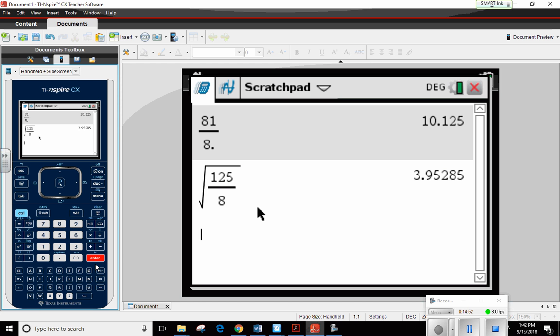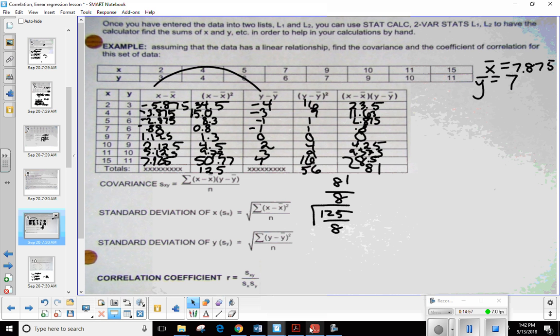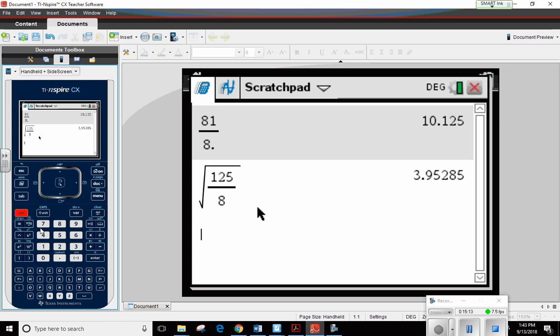Yeah. Okay. And finally, I want the standard deviation for the y values, which is going to be the square root of the sum of those square differences, 56 divided by 8. Okay, well, this one's actually nice. What's 56 divided by 8? 7. So we'll just say the square root of 7. Okay, square root of 7.